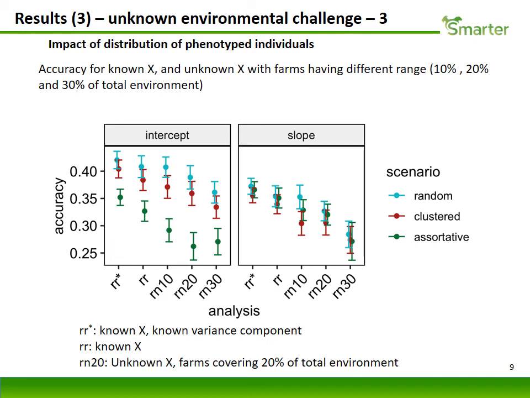So again, we see that random allocation sits always on top of the other two. Although for slope that is not very significant, it's not by far, but still we see that random allocation in all the environments, in all the analyses gives the best accuracy.